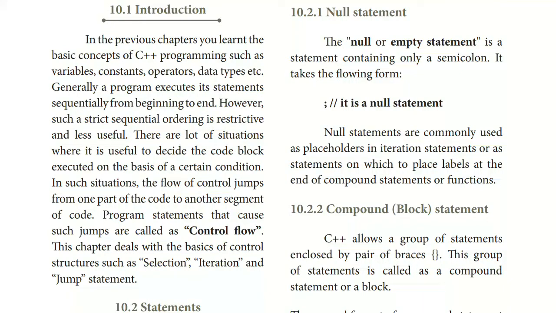If the condition is false, then the particular statement will not be executed and it will move on to the next statement. Okay, so next segment. So this kind of control flow can be controlled by the programmer, based on the instructions that we give.